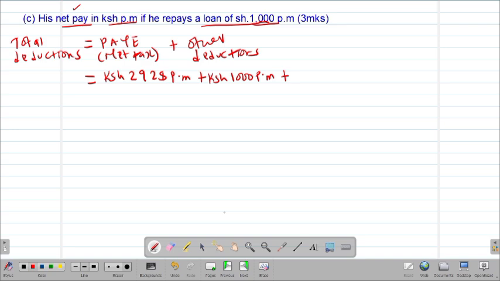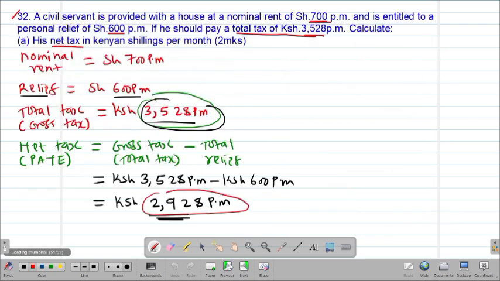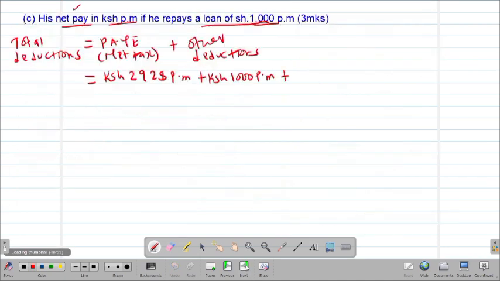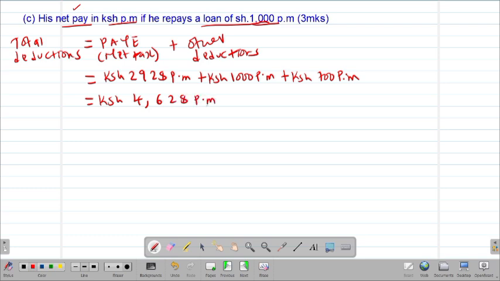Then plus there was also something else we were given. We were given a nominal rent. Remember that a nominal rent is money being deducted from the pocket of the employee. So a nominal rent is a deduction, which was 700 Kenya shillings per month. So plus Kenya shillings 700 per month. So you take 2928 plus 1,000 plus 700. Your calculator should be able to give you 4,628 Kenya shillings per month.